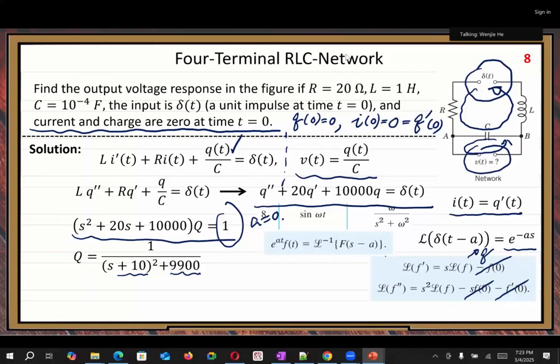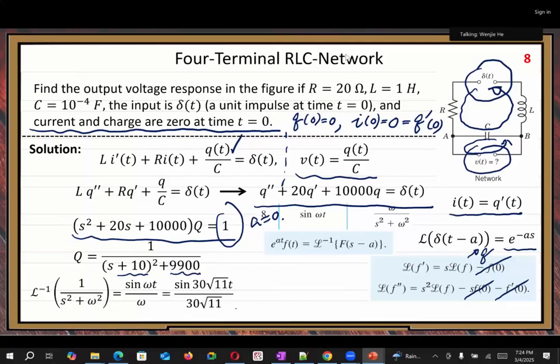We need these two formulas. But we need to apply the sine formula first, omega. So let's do the sine omega; plugging in the numbers, you get this function. But then shift.